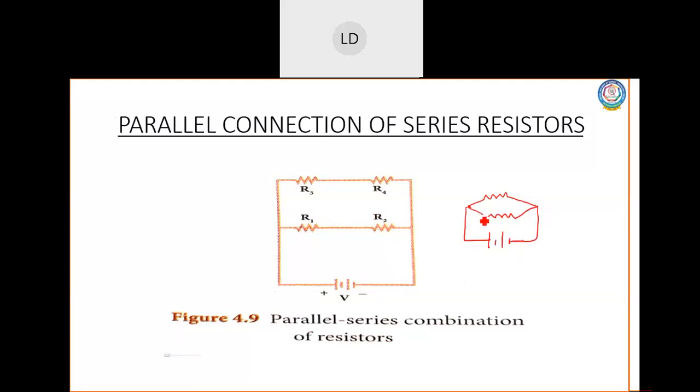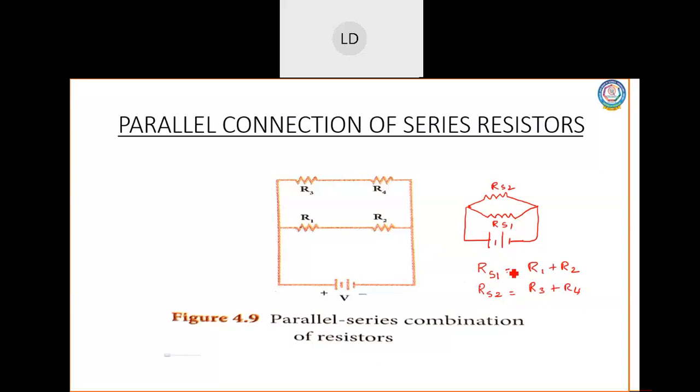Now let me write this as RS1 and this will be RS2. Find the effective resistance for R1 and R2. The effective resistance in series is RS1, which is the combination of R1 plus R2, children. Then the second one, the effective resistance RS2, is the combination of R3 and R4.